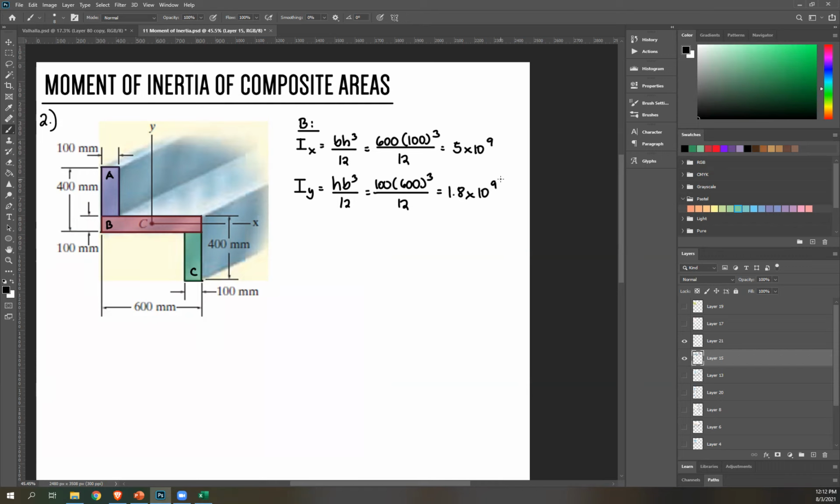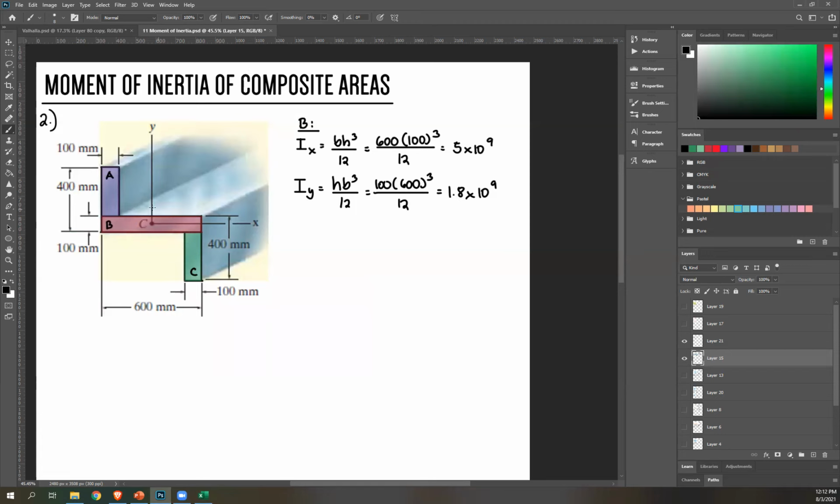Now, before we do that, let's consider the positioning of A and C. If you've noticed, A and C are equidistant from your y-axis. Okay? Meaning, also they're at the same orientation. Meaning they'll give the same moment of inertia about the y-axis.